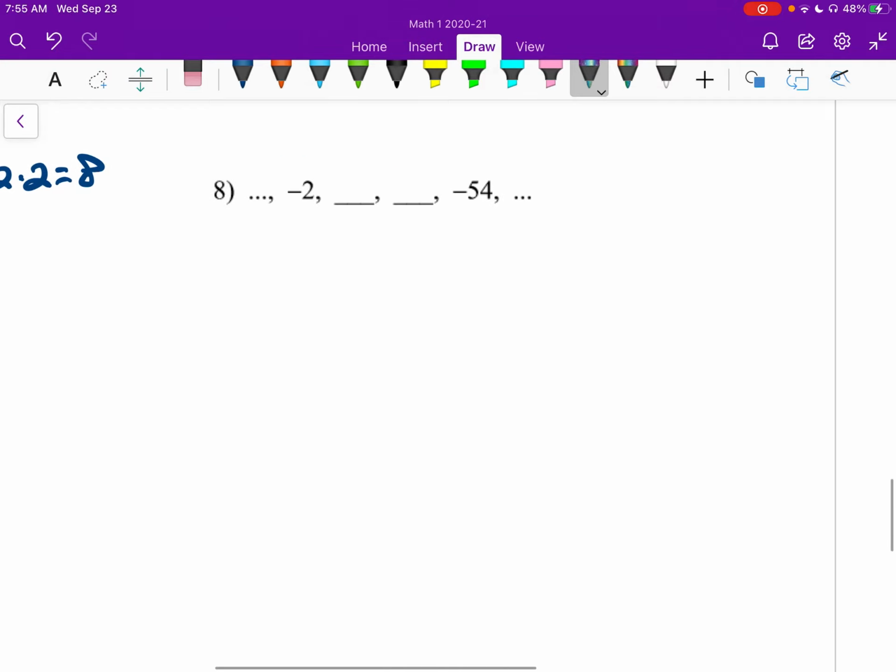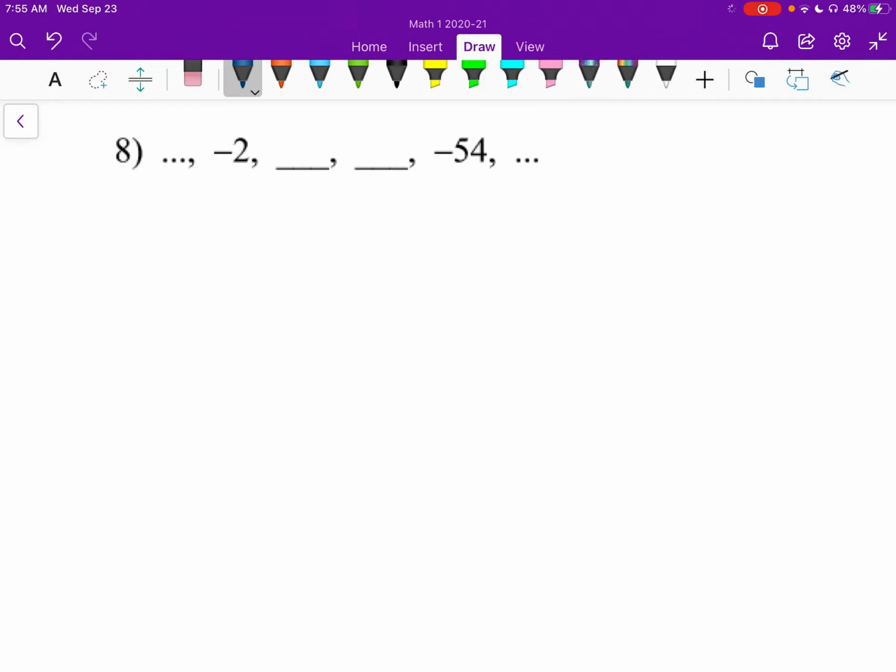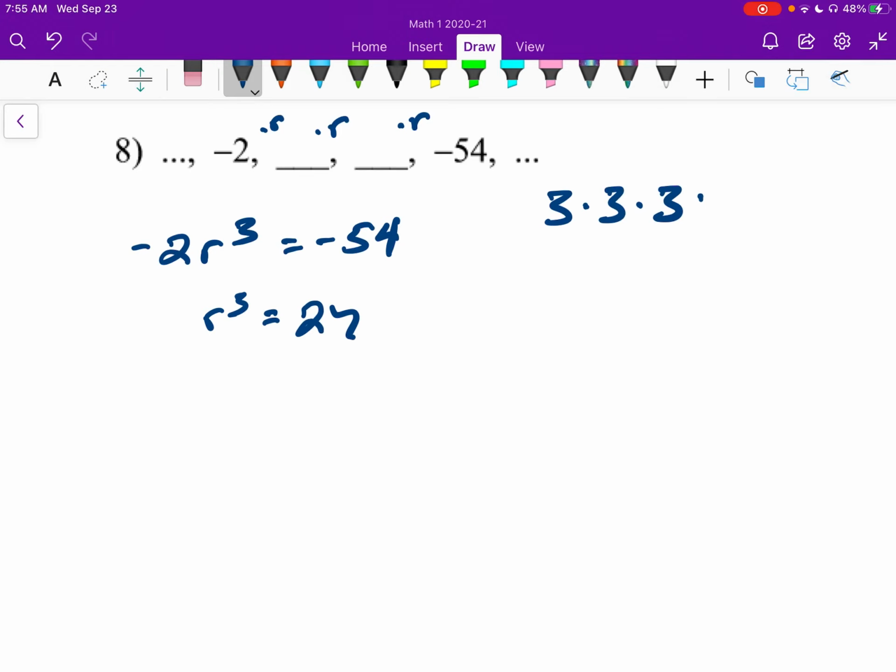All right, last one. Here's times r, here's times r, and here's times r. So negative 2r cubed is negative 54. Dividing by negative 2, we get r cubed is 27. And 27 is also one that I've kind of memorized: 3 times 3 times 3 is 27. So r equals 3.